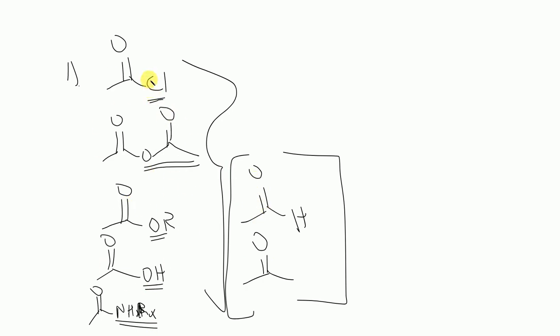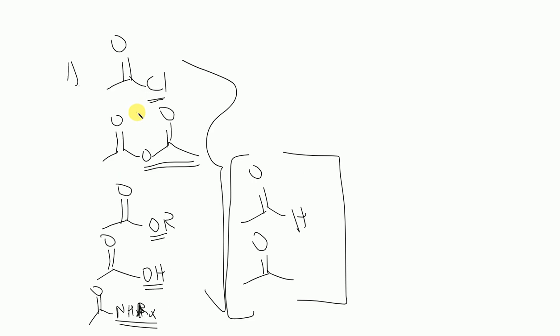But in terms of reactivity, obviously an acid chloride is far more reactive than an aldehyde. And I believe all these are more reactive than the aldehyde or ketone. We can understand the reactivity by looking at what the leaving group is.